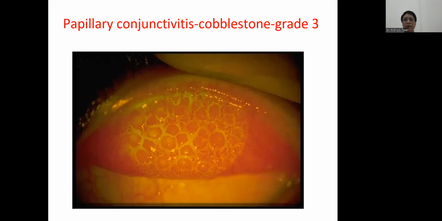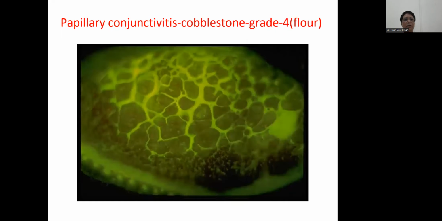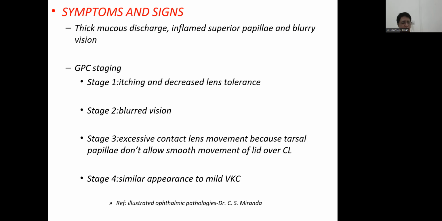Again, the papillary conjunctivitis with cobblestone, a more serious form, which we call grade 3. This is again the papillary conjunctivitis, cobblestone, grade 4. So what we understand is that there can be a severity of the disease. This may be variable from case to case.